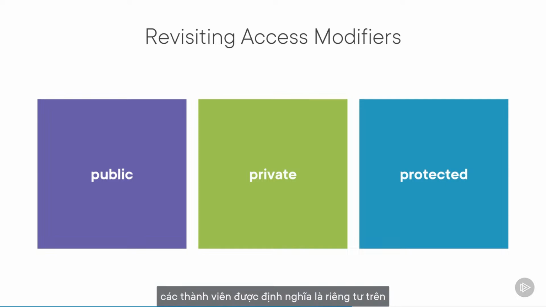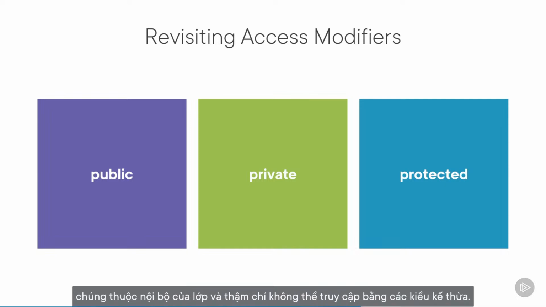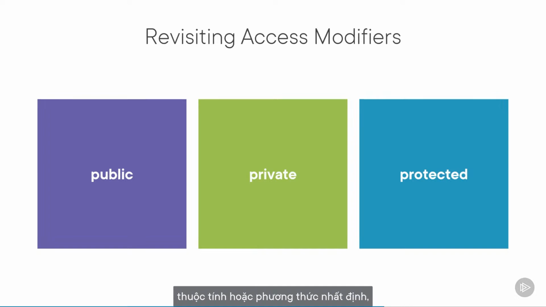However, members defined as private on the base class are not accessible. They are internal to the class and can't even be accessed by inheriting types. So if you want the derived class never to access a certain field, property or method, just make it private in the base class. Protected is somewhat in the middle.